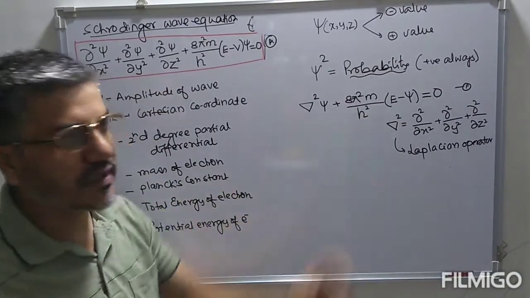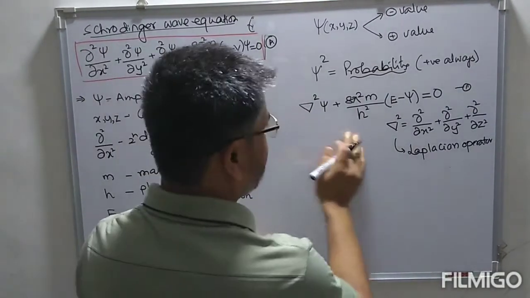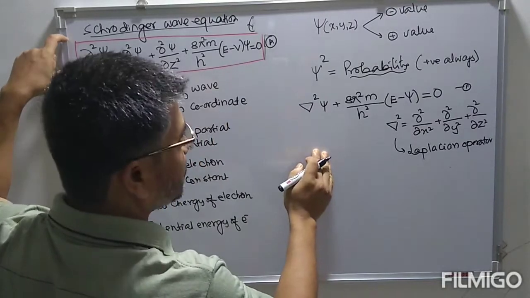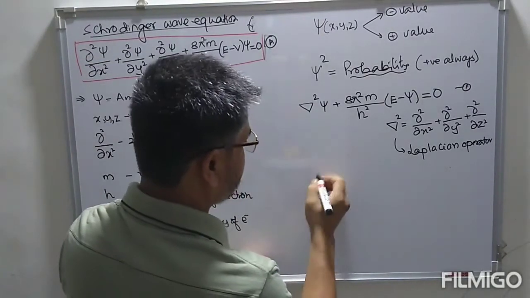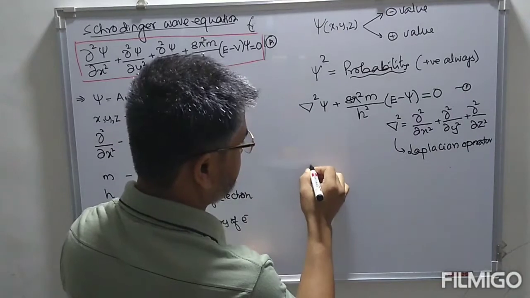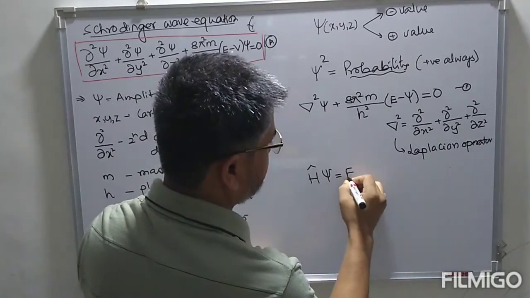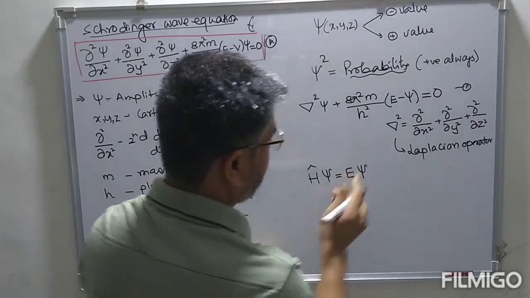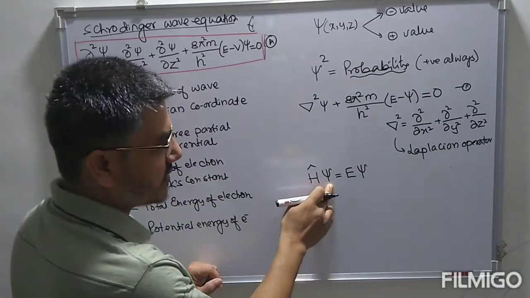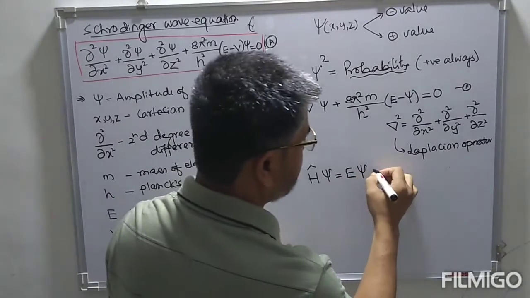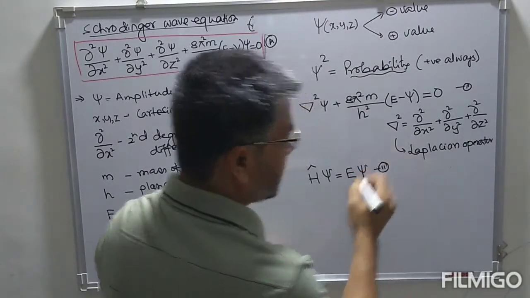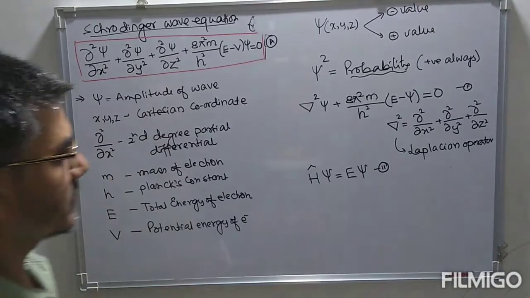Now the same equation can also be modified in this way, or written as H cap psi equals E psi. This is the shortest form of this Schrodinger wave equation.